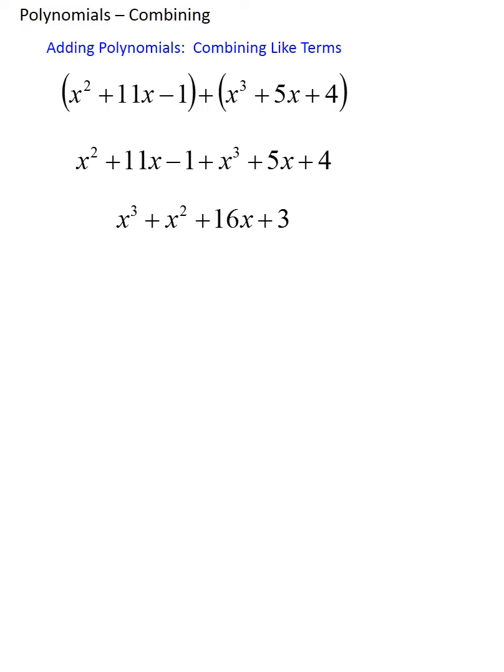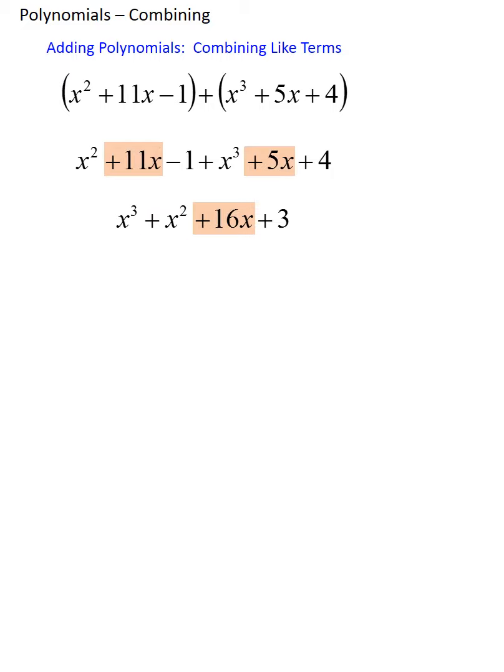I'll show you where I got this from. The first thing I noticed is that I have an x cubed. It's my highest degree term, and so I like to list that first, but it was the only x cubed or cubic term in the problem, so I simply carried it down because there was nothing to combine it with. Likewise, I brought my x squared term down because it was the only x squared term in the problem.